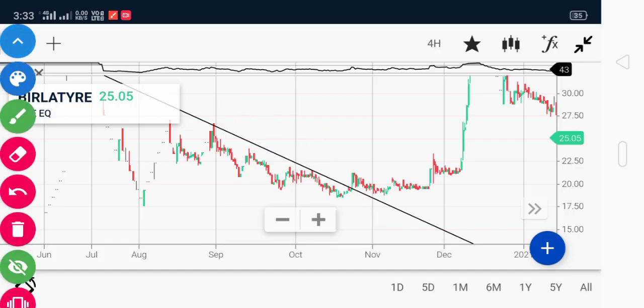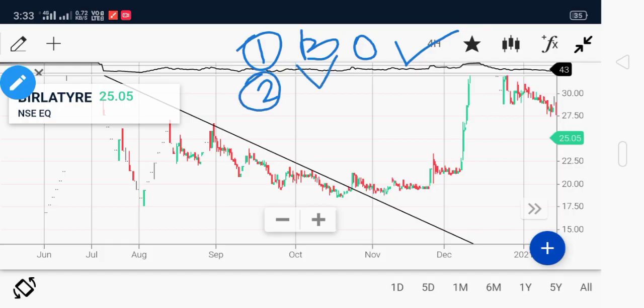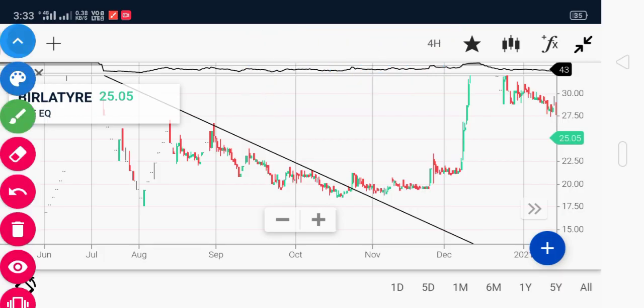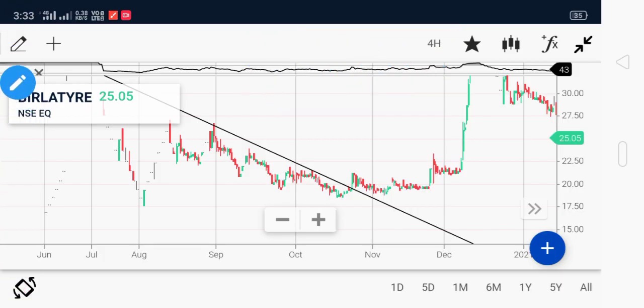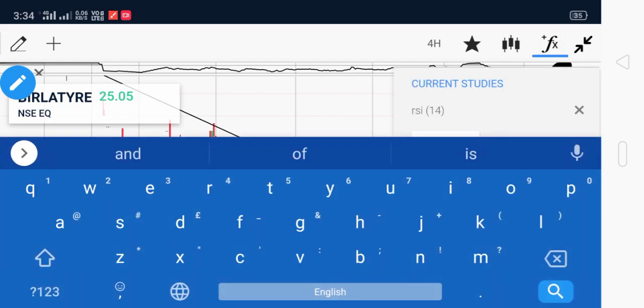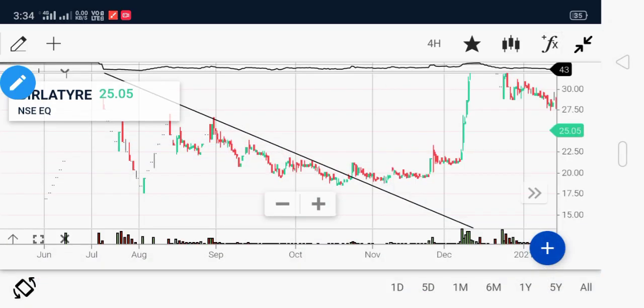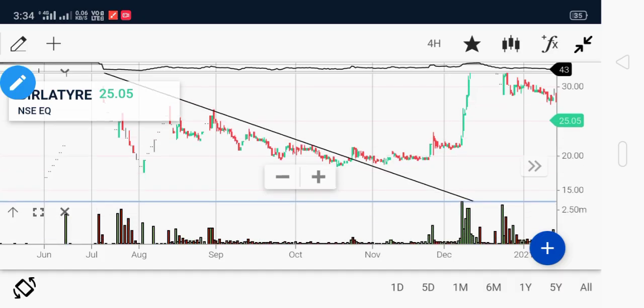So we needed to have three things, right? First one was breakout. We got it, right? What was the second thing? Volume. Green should be more than red. So let's see whether green volume is more than red. So if you see, I bring the volume chart.